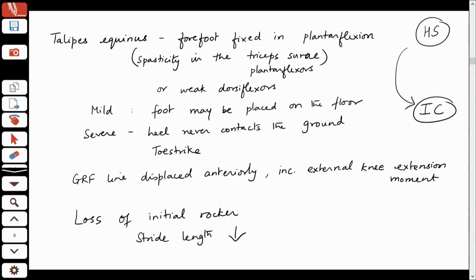Yes? Wouldn't there be decrease in swing phase of the deformed leg? Because it won't go beyond the other leg, the stance leg. Swing phase of the deformed leg. Why is that? Because if it goes beyond the other leg, then your heel will have to contact.